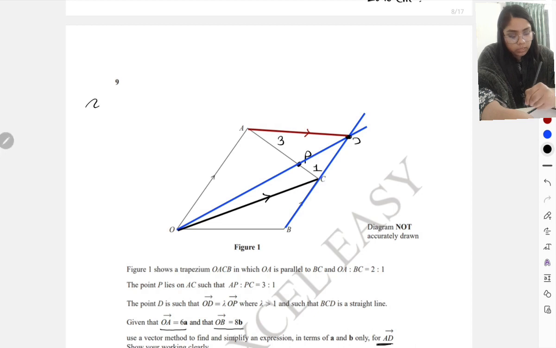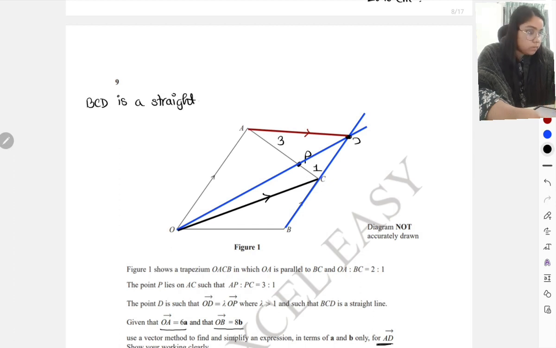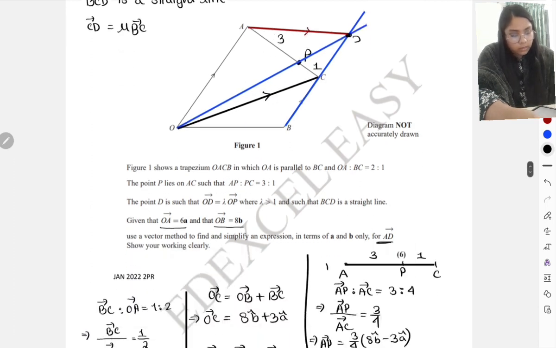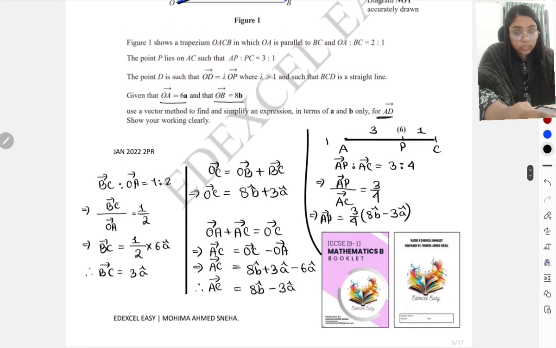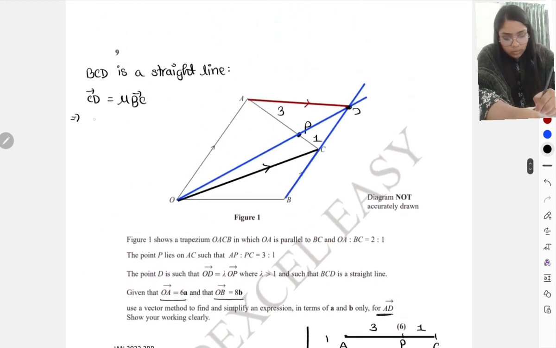We're using the concept that BCD is a straight line, which means we can write CD as mu times BC. The length of BC we calculated was 3a, so CD is going to be 3 mu a.